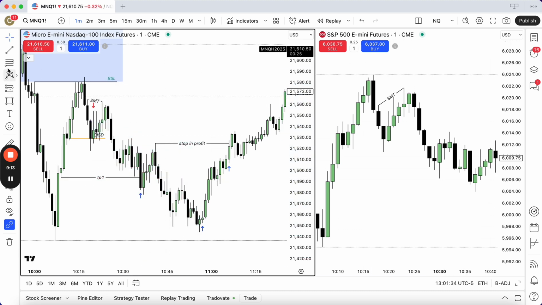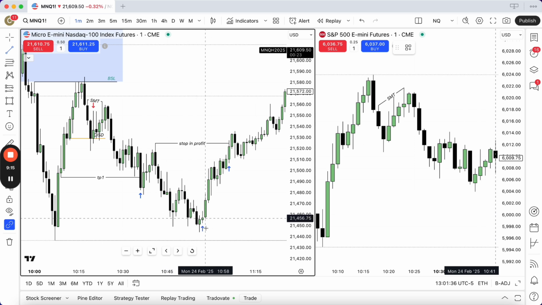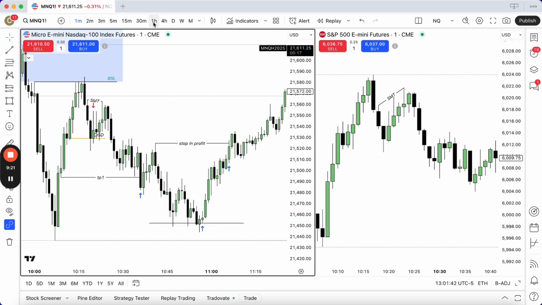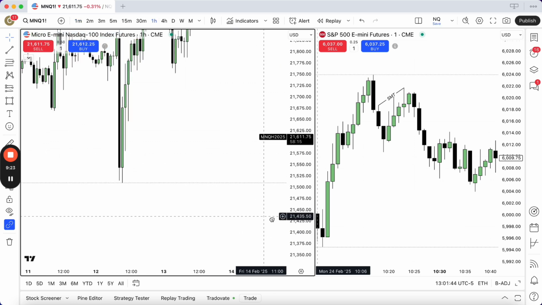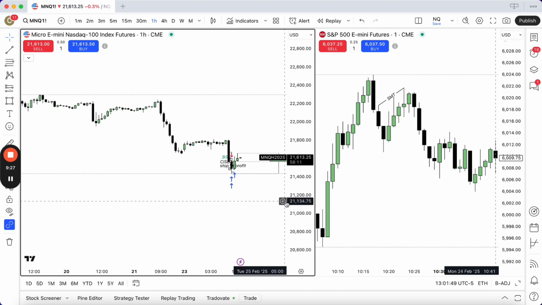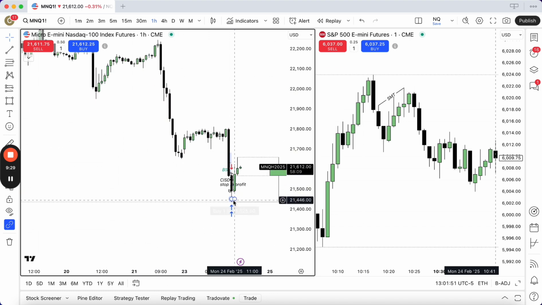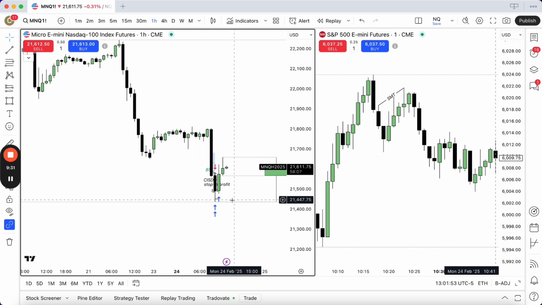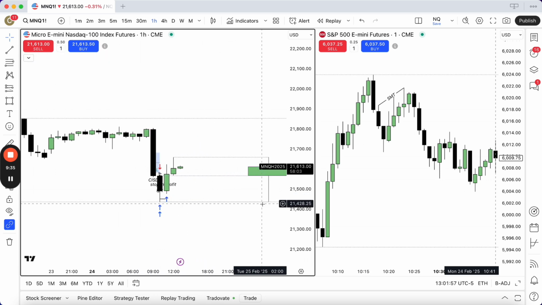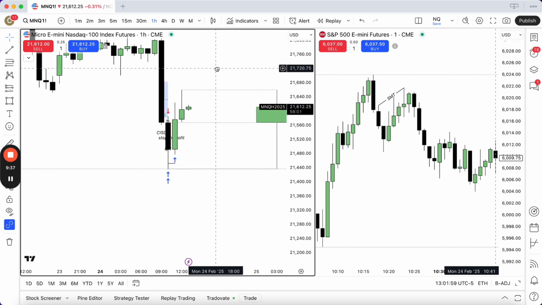Why did I take 1 off here? Well, if you see, let's just put this right here. What do we see? Yeah, it's this line that I just drew out. This is the hourly CE.